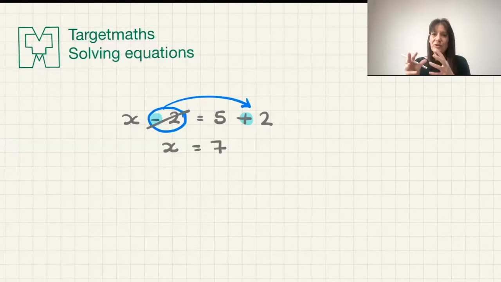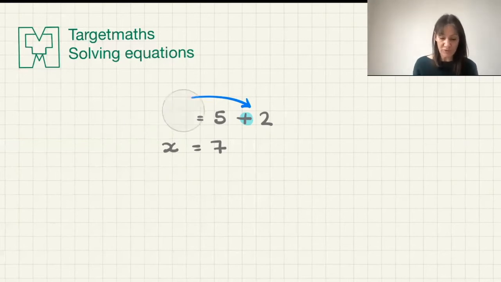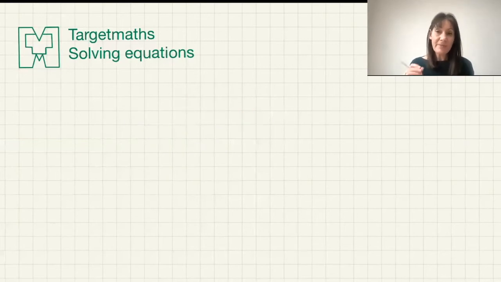So as I move those numbers across, I am creating a piece of maths that I must do. Okay. All right, let's get into some questions that, again, you may intuitively be able to solve, but we want a method. We want a method that as it gets harder, we can do the questions, no problem.